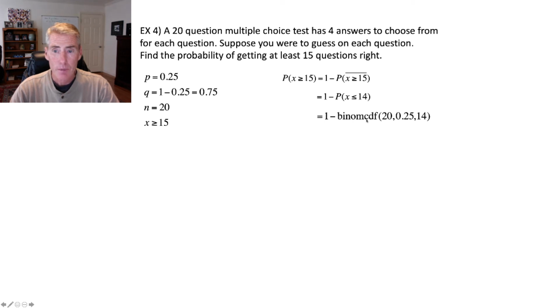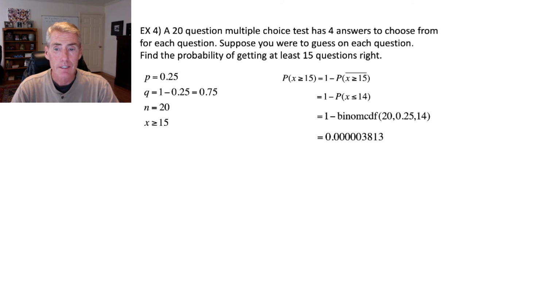The C means cumulative. So it's going to go from x equals 0, 1, 2, 3, 4, 5, 6, 7, all the way up to 14, and it's going to add those up, and that's what the binomial CDF does. This is the n, 20, this is the p, 0.25, and this is this 14 right here. And that would be the answer.